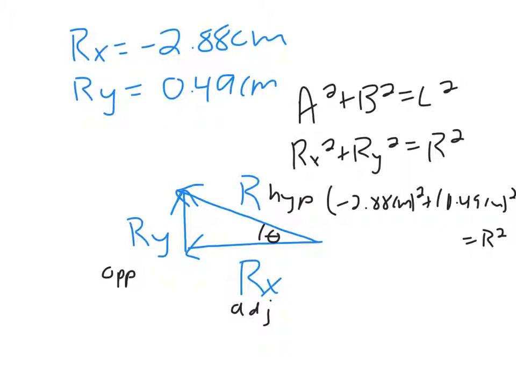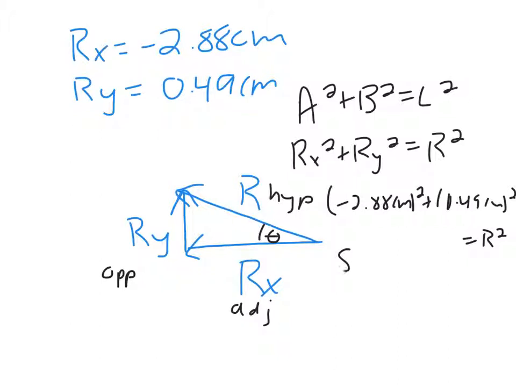What I usually like to do is store these x and y values in my calculator as x and y. So if you store in negative 2.88 as alpha x and 0.49 as alpha y, it just makes it a little bit easier. So we take x squared plus y squared.